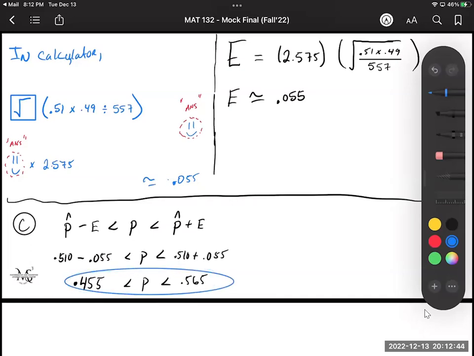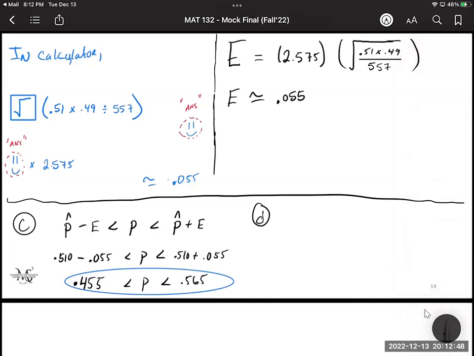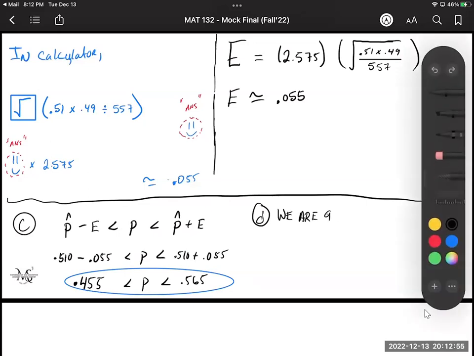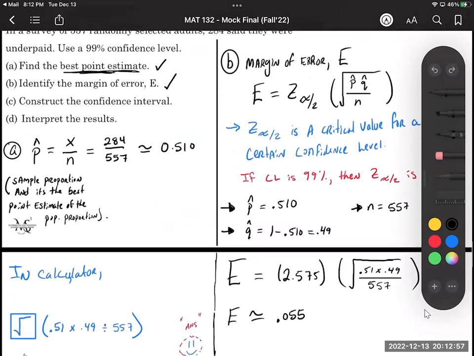So when you want to interpret your results for part D, we say we are 95% confident. Oh, no, sorry. It wasn't 95, it was 99.